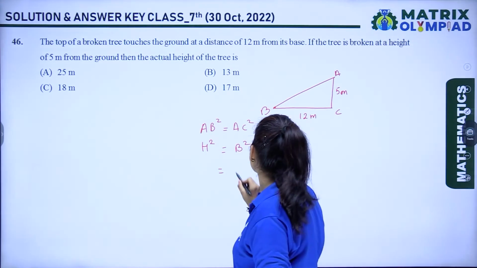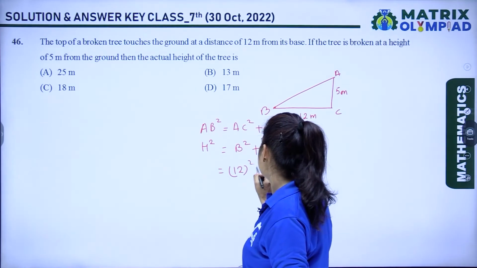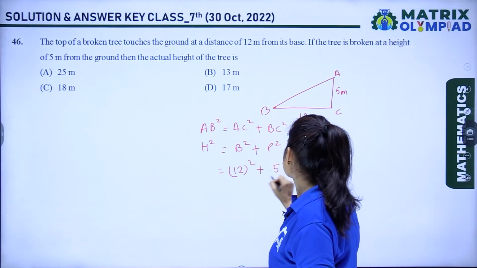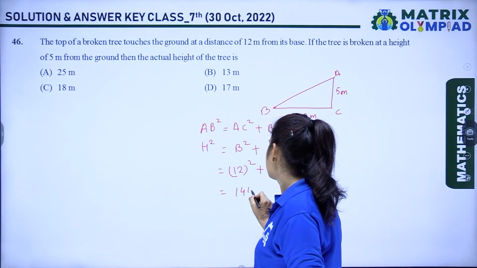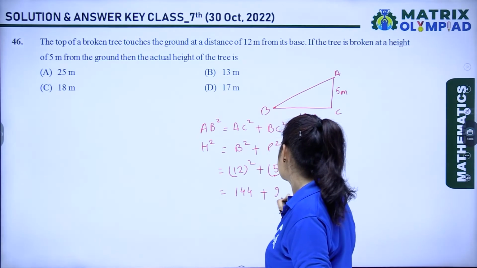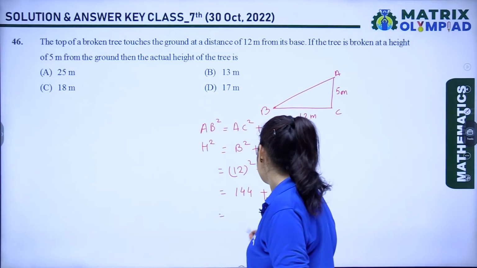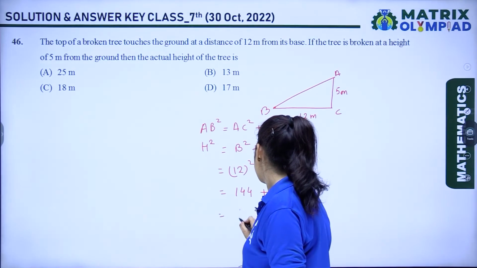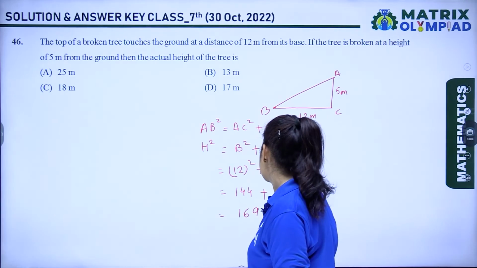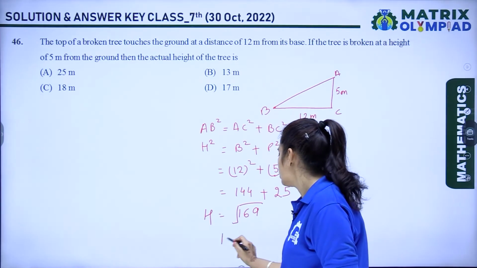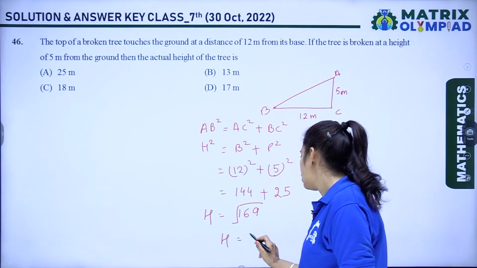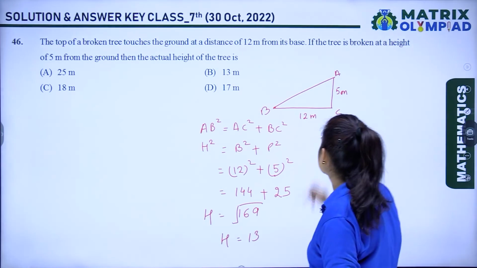So here let's put the values: square of 12 plus square of 5. Square of 12 is 144, plus square of 5 is 25. We get 169. So hypotenuse will be under root 169, which is 13.